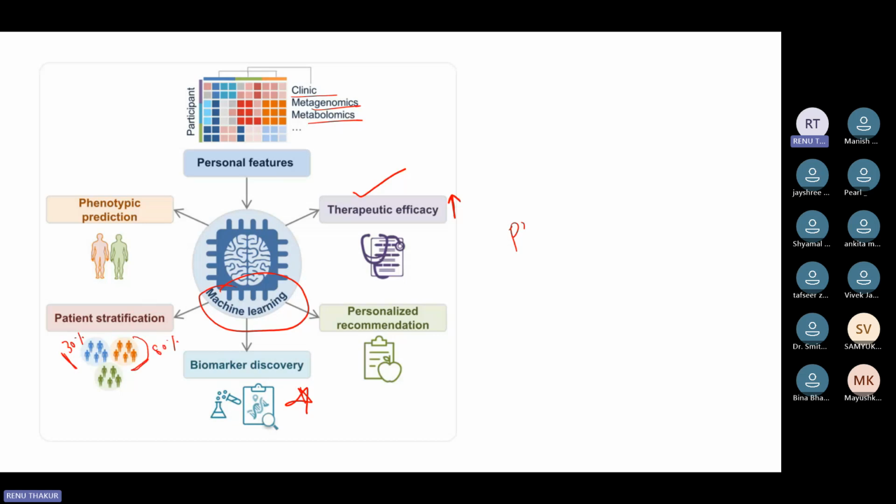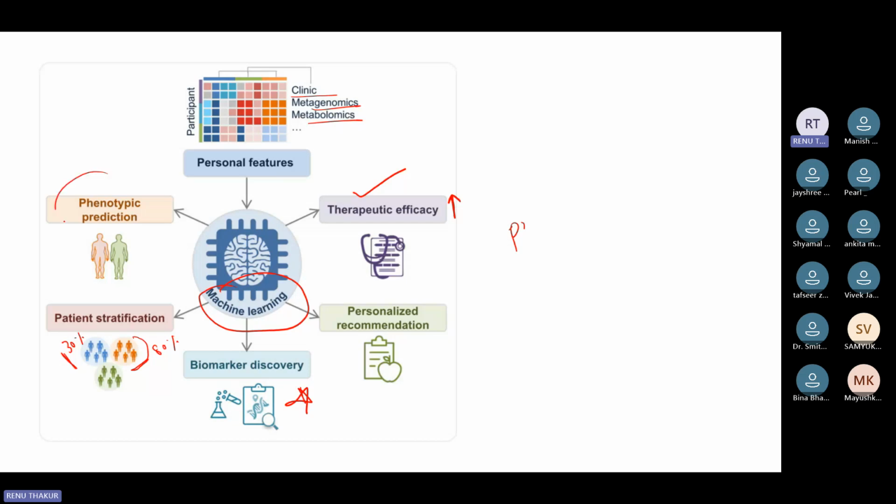Or on the level of dysbiosis, you can stratify them. Like these are the groups of patients who are having dysbiosis level 1, level 2, level 3, on the basis of the diagnostic report they are getting. So if you classify them, the doctor will easily treat them. It will be very much hassle free. They will simply call that group 2, group 1, or unit 1, unit 2, unit 3. So likewise it will be very easy.